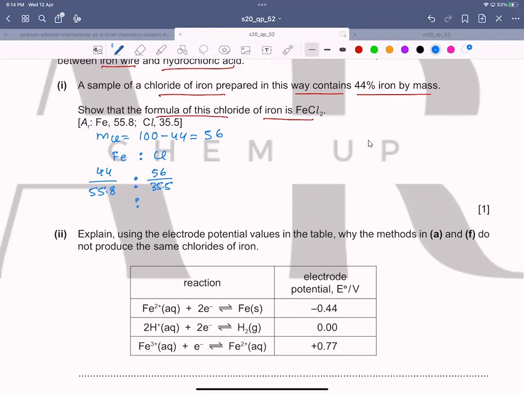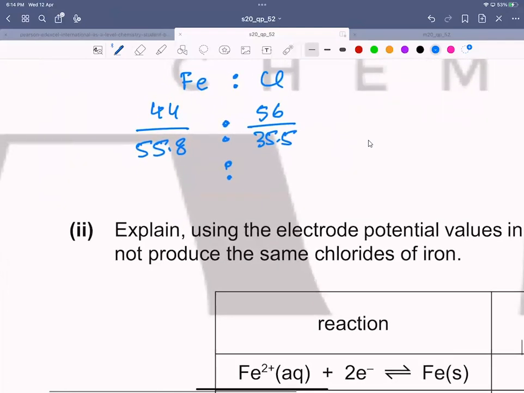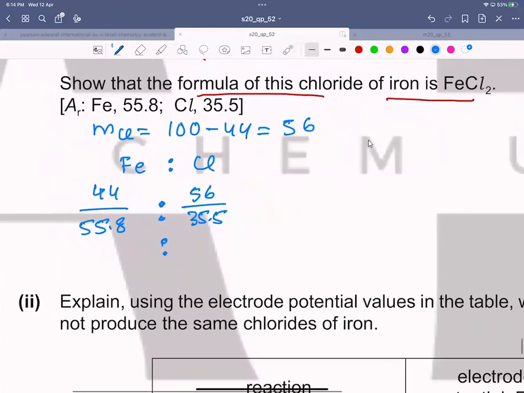Now, can anyone tell me the answers? 0.7885 and 1.5775.